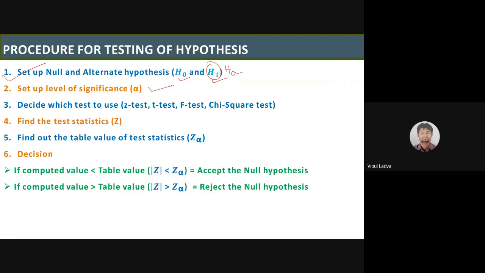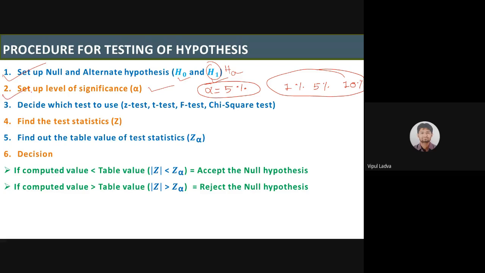That level of significance will be there in the example. If the level of significance is not provided, then we will take it as 5%. And as I said, in any of our questions, we'll be dealing with these 3 figures only: 1%, 5%, and 10%. If it is not specified, then we will take alpha as 5%.